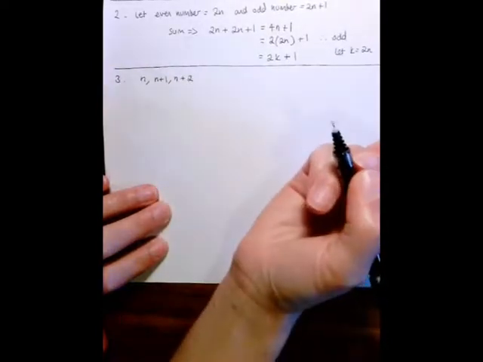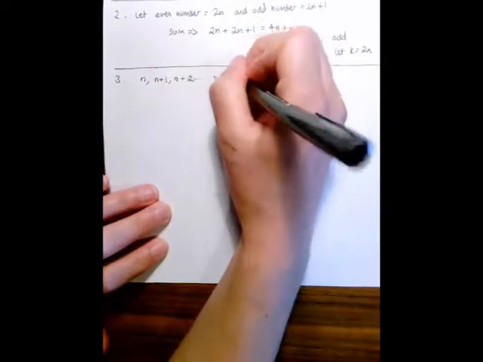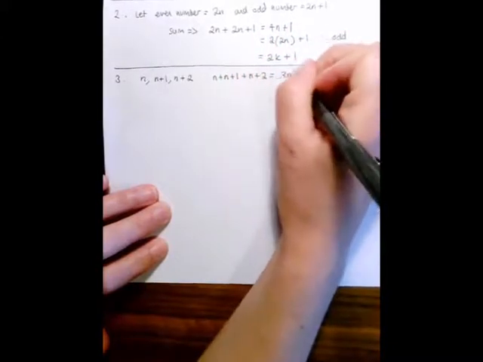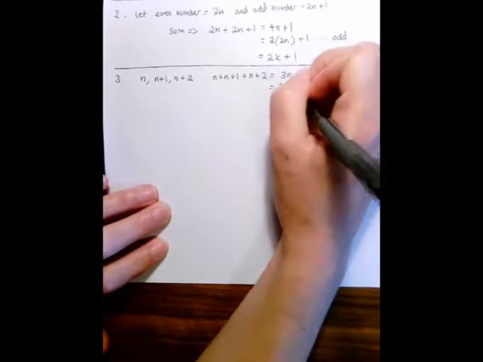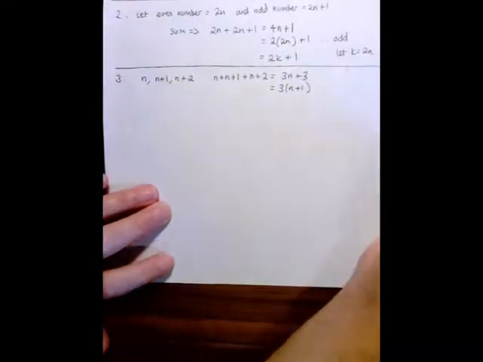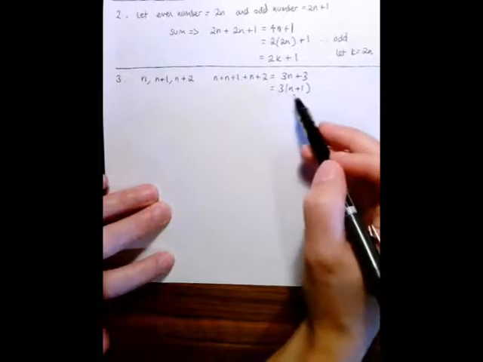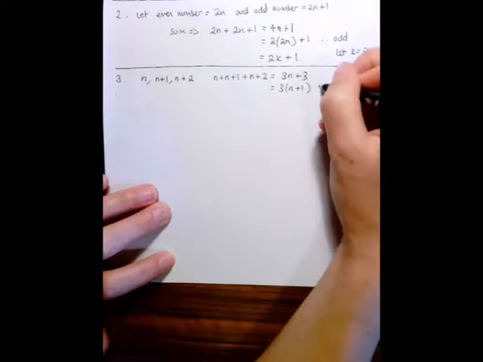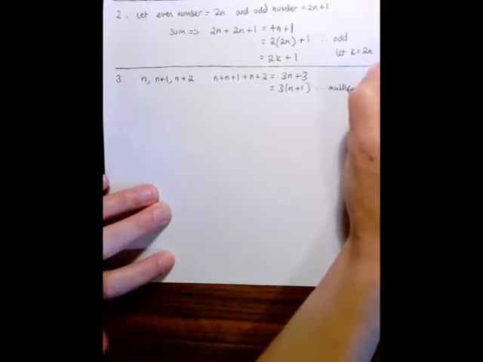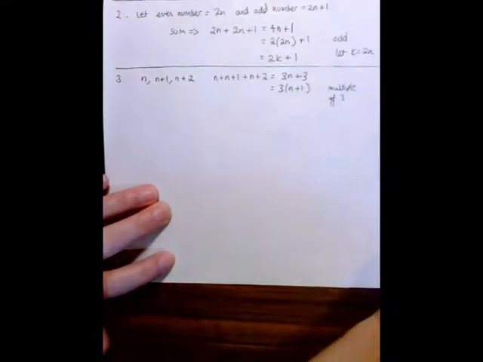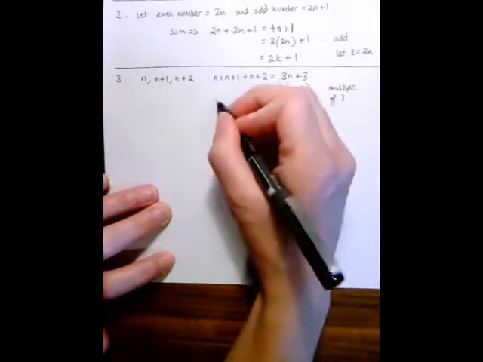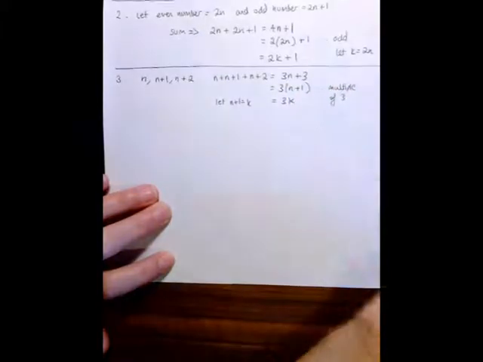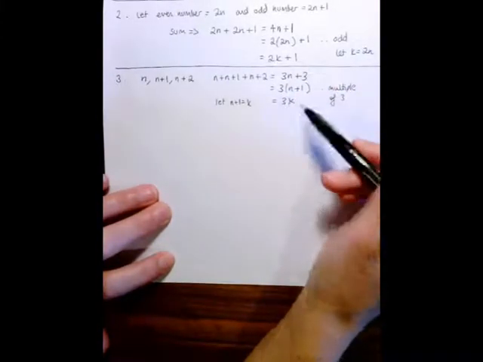So their sum, if I added them all together, gives me 3n add 3, and you can take out a factor of 3. Therefore, if it's 3 times something, it's always going to be in the 3 times table. So therefore, a multiple of 3. And again, what you could do here is let n plus 1 equal k, so it equals 3k. So you can see it's 3 times something.